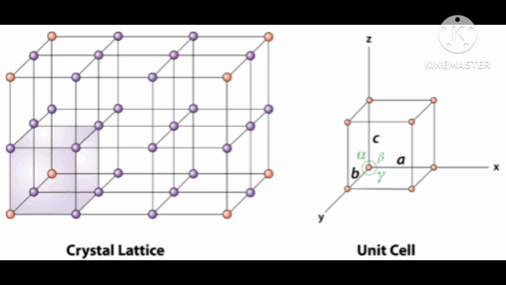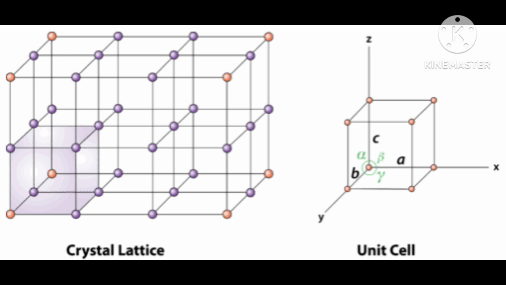In all directions. The question is also asked, what is the unit cell? A unit cell is the smallest portion of a crystal lattice which, when repeated in different directions, generates the entire lattice. And what are the characteristics of a unit cell? I am telling you the characteristics.